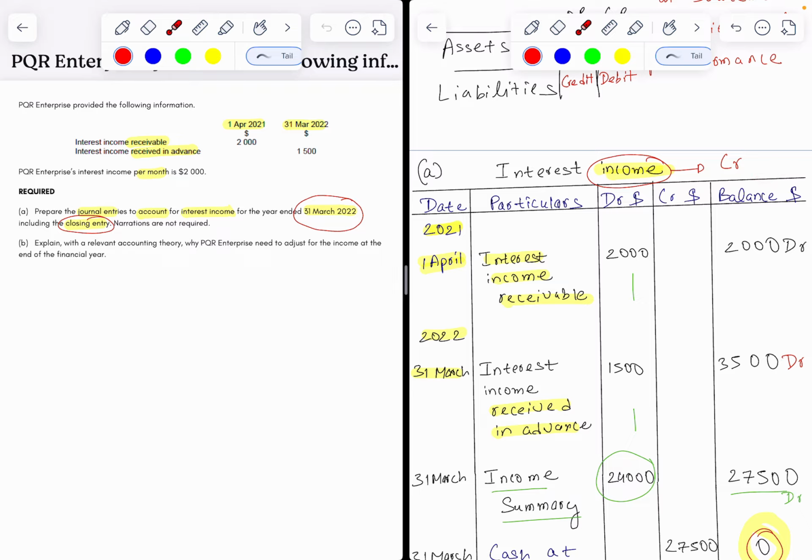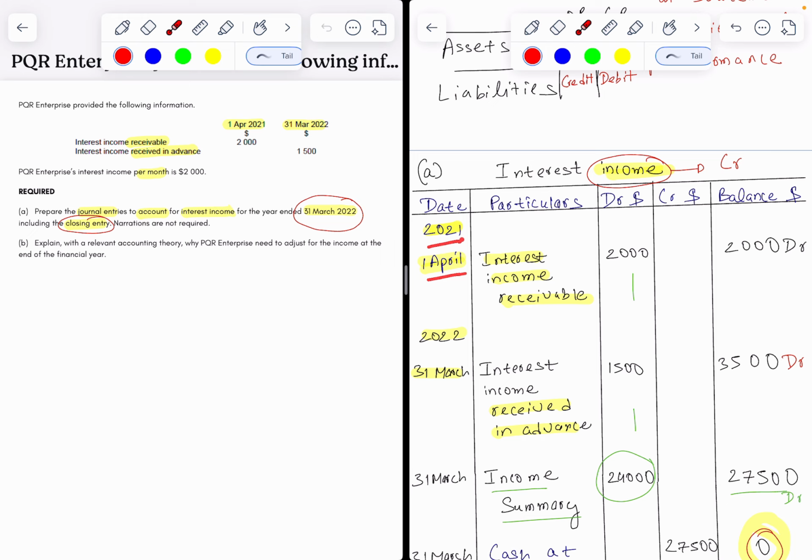So to start the year at 1 April 2021, we are given the interest income receivable, which we have already established to be a current asset. So let's recall, why is this a current asset? Because we have earned this income in the previous financial year, but we expect to receive the cash this year.